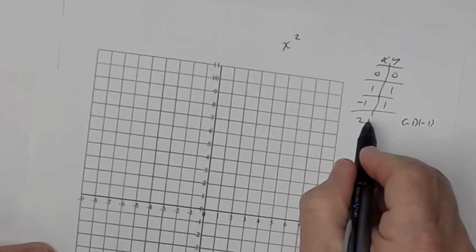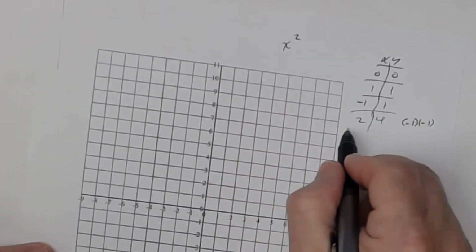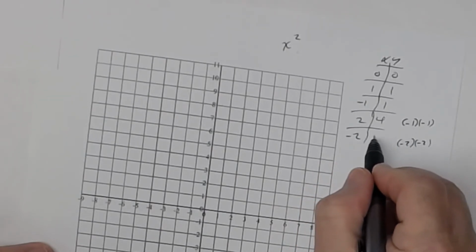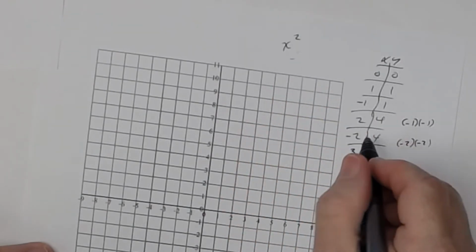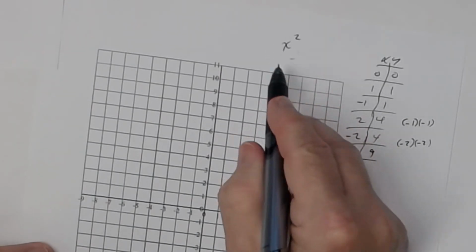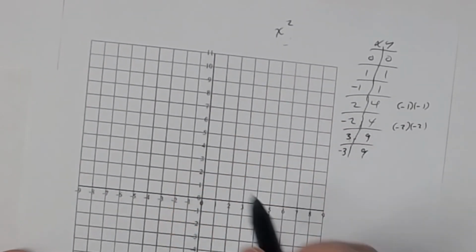When x is 2, 2 squared is 4. When x is negative 2, negative 2 times negative 2 is a positive 4. When x is 3, 3 squared is 9. And negative 3 times negative 3 is also 9. All right, and I'm going to stop here because the graph only goes up to 11.